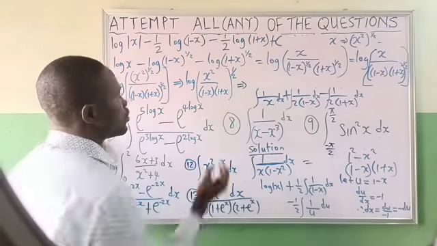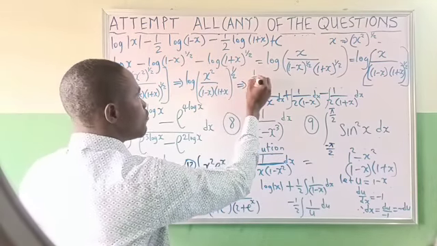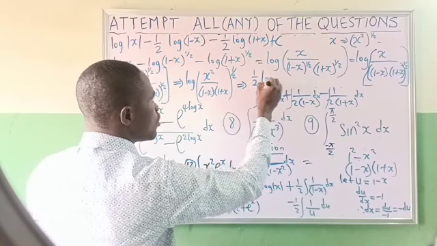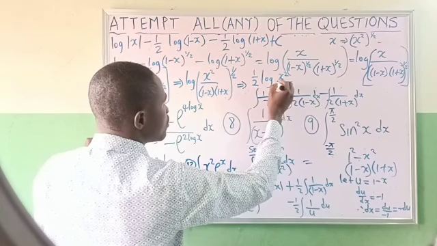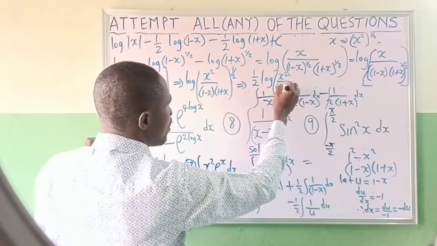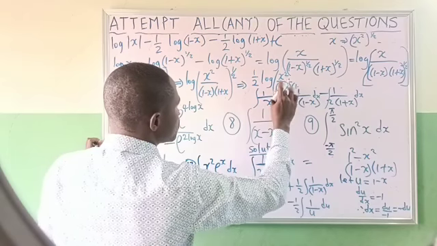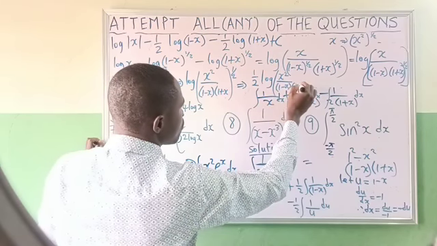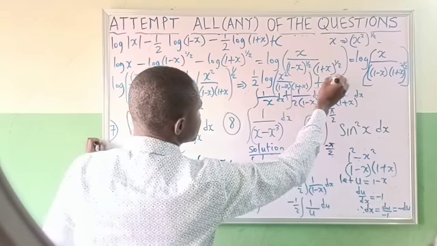Then this also equals to, carry 1 over 2, bring it the other side, 1 over 2 log x squared all over 1 plus x, 1 minus x, 1 plus x, plus c.